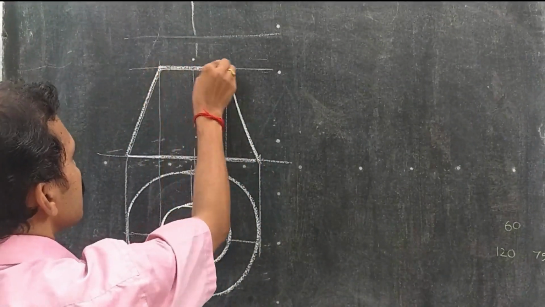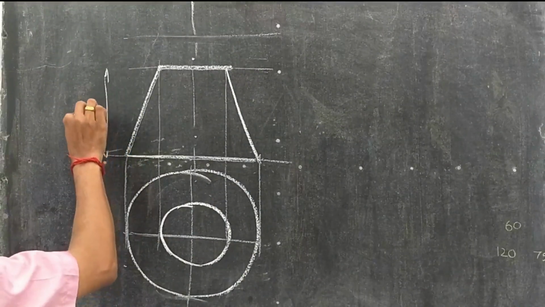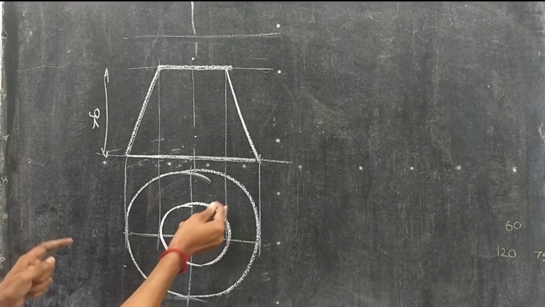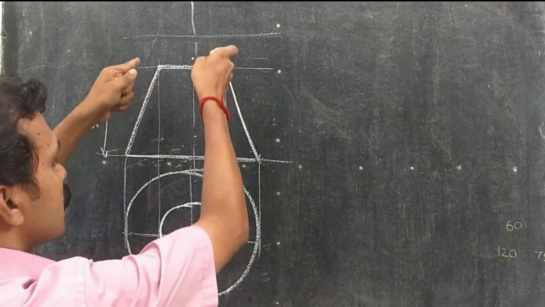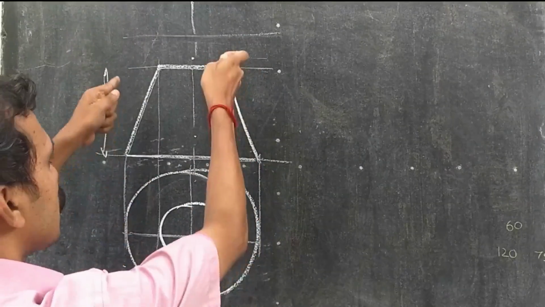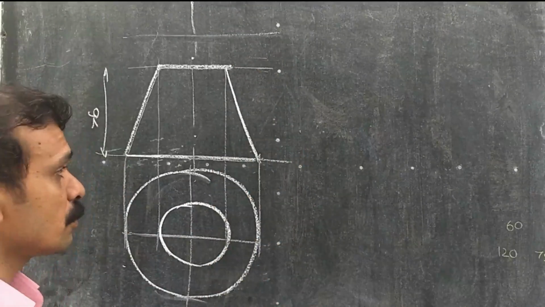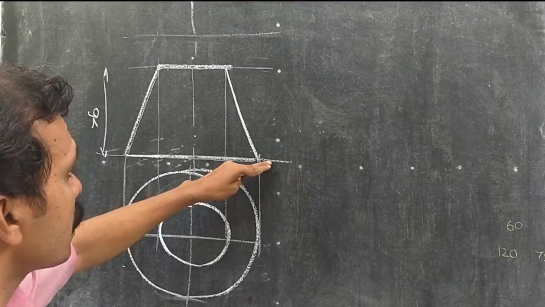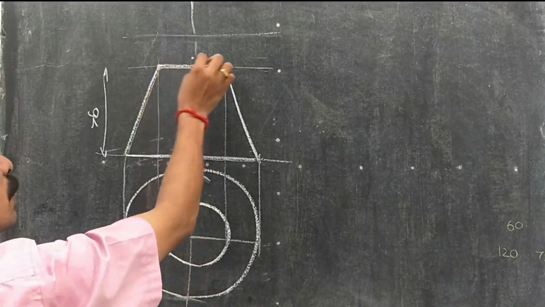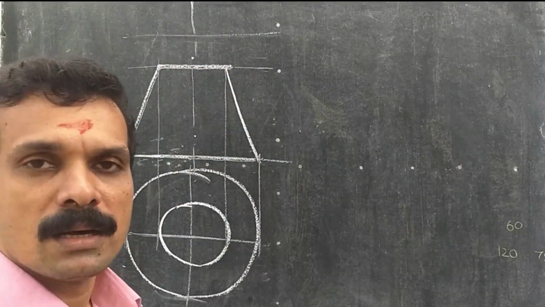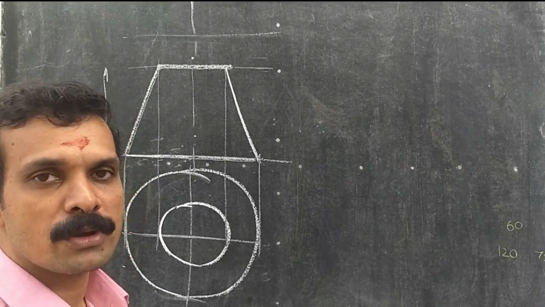This is the method of constructing the frustum because this height is given as 75. This is 120 and this is 60, so in the top view we can draw the 120 and 60. Here will be a generator and here will be projector lines. And this height is given as 75. So, if we draw a line parallel to this line at a height of 75, that will intersect the projector line so that we can obtain the height of the frustum. Okay. I hope all of you have understood.